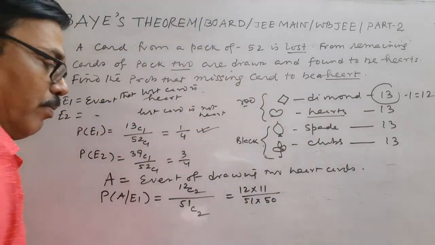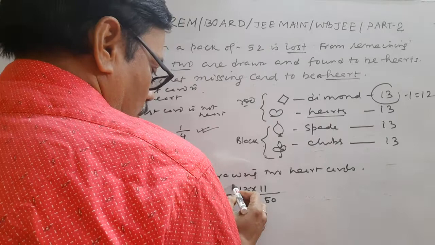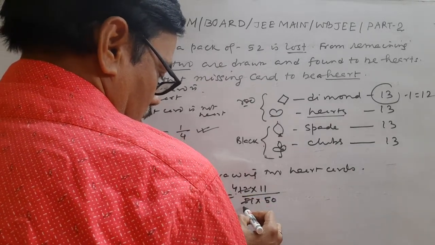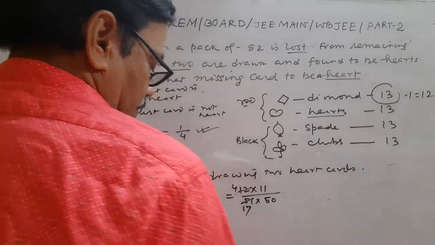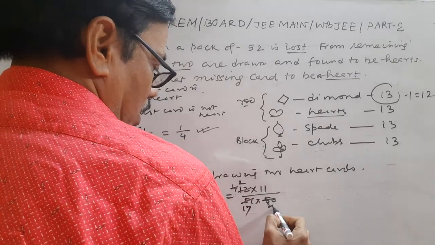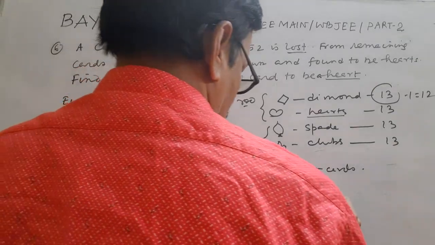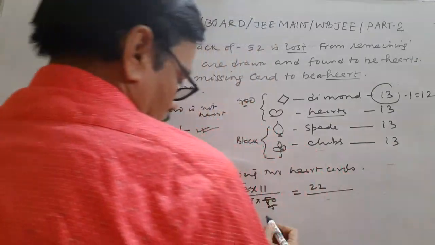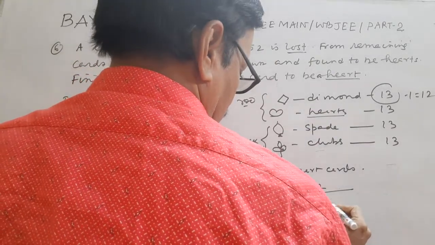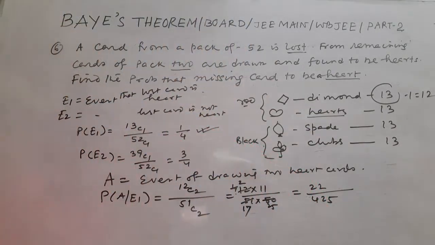Factorials cancel. So this is 4 and this is 17, and this is 2, this is 25. So 22 by 425.